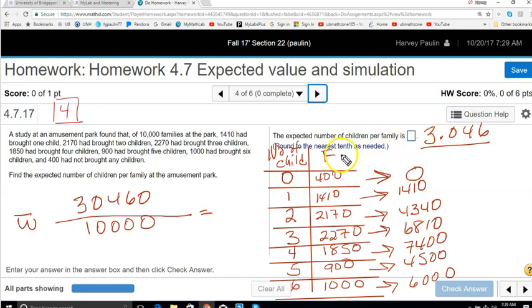Now, they want us to round to the nearest tenth. Well, the nearest tenth is 0, but we go to the hundredths place. This is a 4. If it were a 5, we drop it and add 1, but since it's a 4, we're just going to drop it. So the answer here is 3.0 children average per family visiting that amusement park.